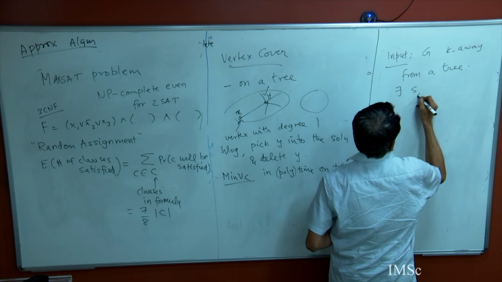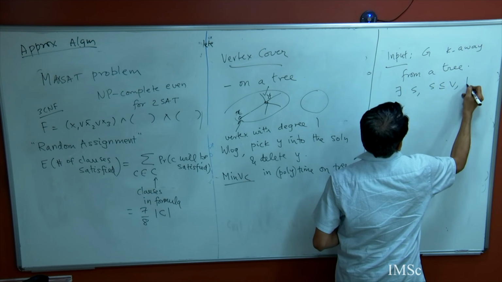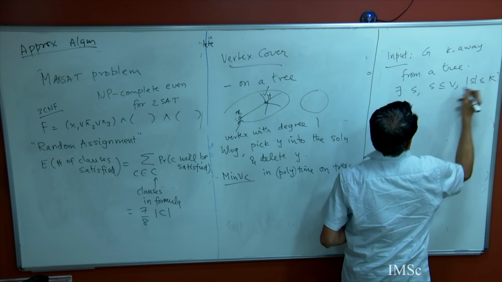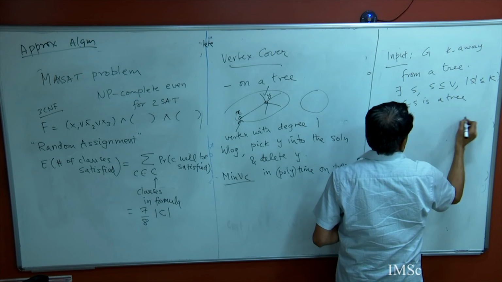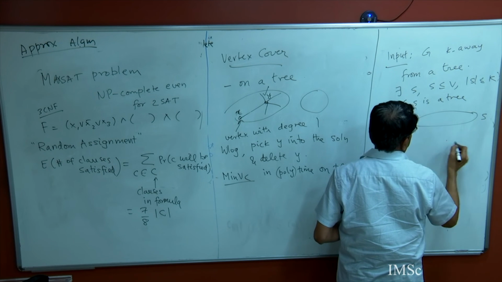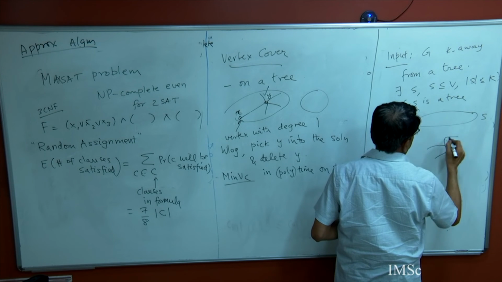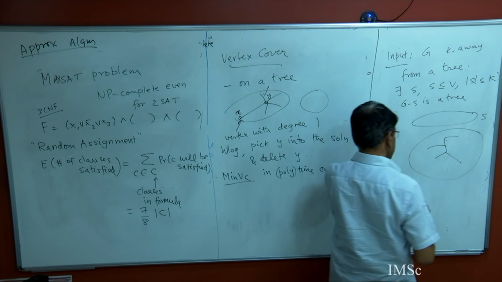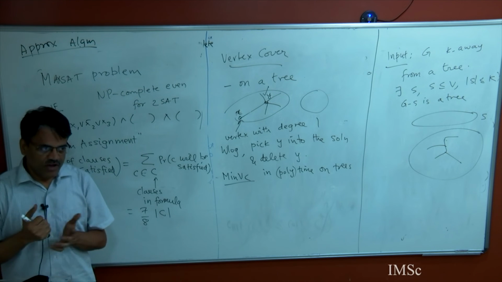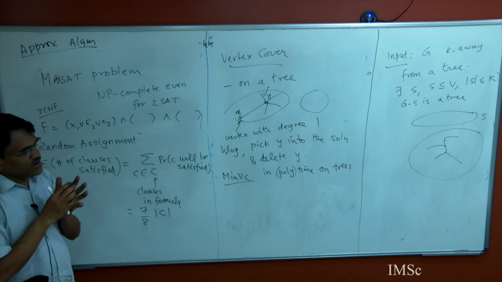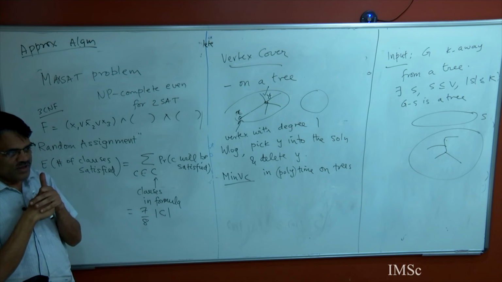There exists some S contained in V, cardinality of S is at most k, such that G minus S is a tree. And I give you that set S. So the remaining is a tree. Now the question is, can I find the minimum vertex cover in this graph? First question, can I actually find it in polynomial time? Polynomial in n and k?